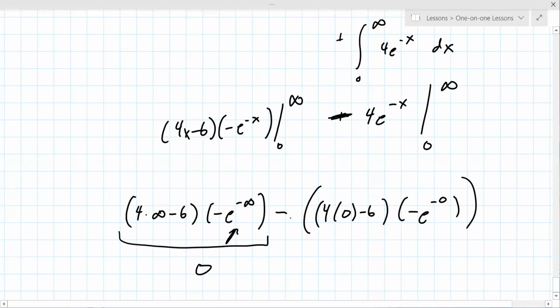Is that right? I feel like I got a wrong sign here. Minus 6 times that. Seems like it's minus 6. So this one converges. It just doesn't have a nice value that it converges to. I guess it's minus 6. That doesn't seem right, though.